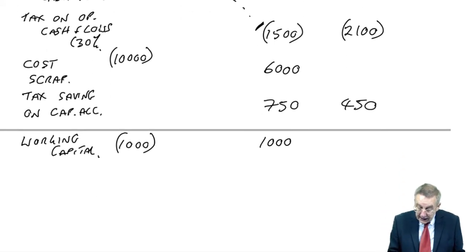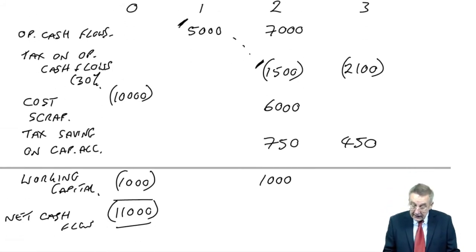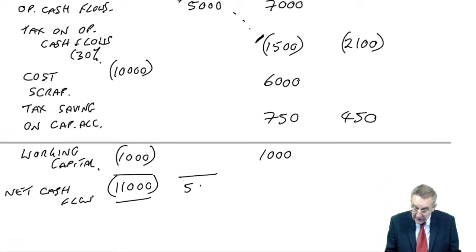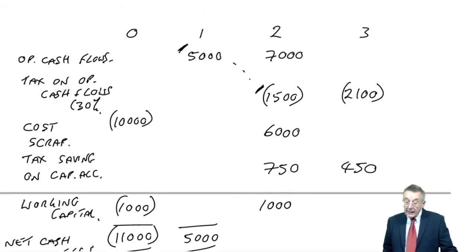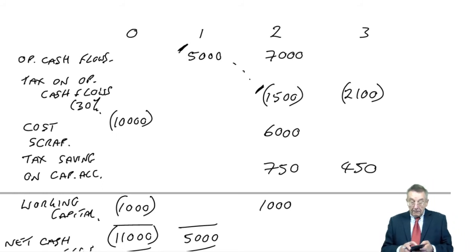Now we've got the net cash flow each year. So times 0. An outflow of 11,000 at time 1, an inflow of 5,000. At time 2, I'm going to use my calculator. 7,000 minus 1,500 plus 6,000 plus 750 plus 1,000.